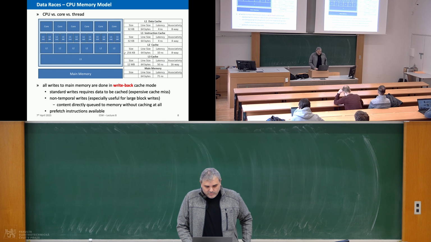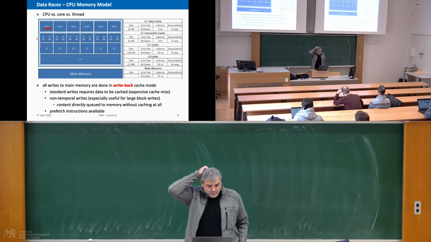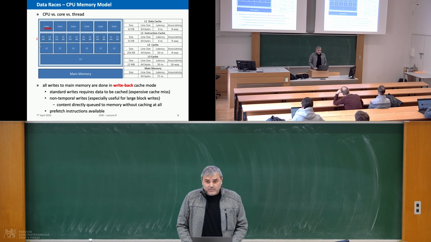If you look at the memory model, you should already know this as well. Here we have our cores executing instructions. We have L1, L2, and L3 caches. L1 and L2 are dedicated to every core. L1 is moreover divided into data and code caches, and L3 is shared.